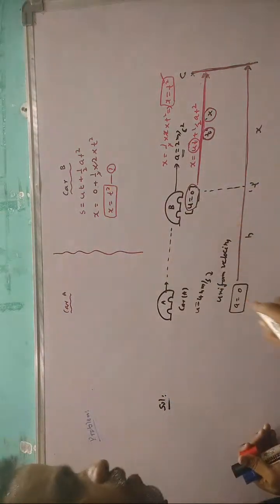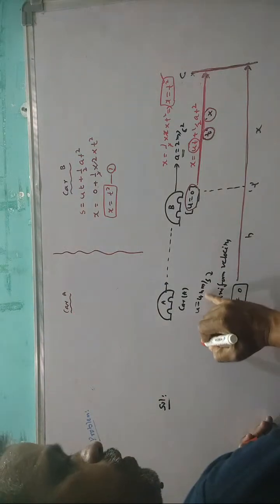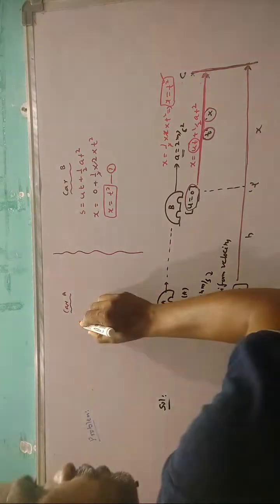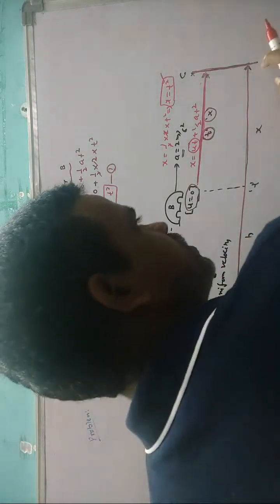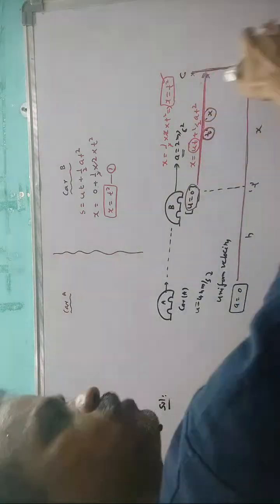For car A, u equal to 44 meter per second, a equal to 0. In the same time, car A also has to reach here, then only the two cars will meet.